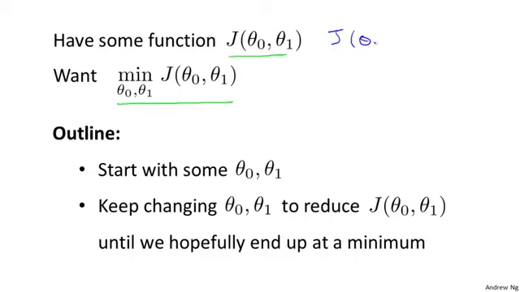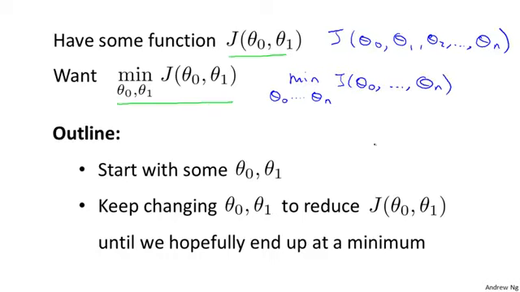So imagine if you have a function J of theta 0, theta 1, theta 2, up to some theta n, and you want to minimize over theta 0 up to theta n of this J. It turns out gradient descent is an algorithm for solving this more general problem, but for the sake of brevity, for the sake of succinctness of notation, I'm just going to pretend I have only two parameters throughout the rest of this video.